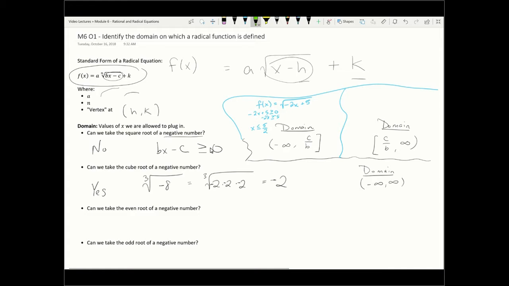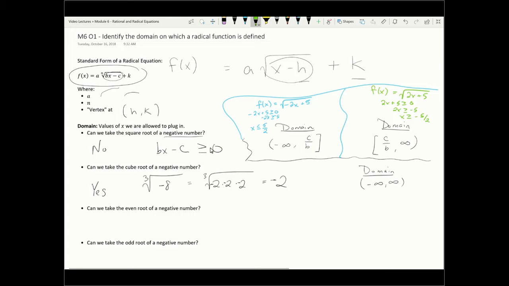Then on the other hand, if it was something like square root of 2x plus 5, when we sit and solve the expression under the radical greater than or equal to 0, since we weren't dividing by a negative, it doesn't flip, and so we can see our values are greater than this point.